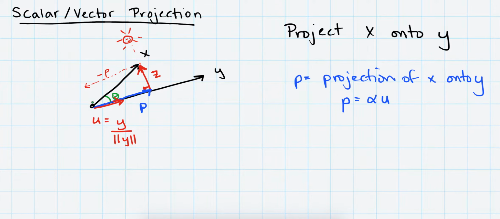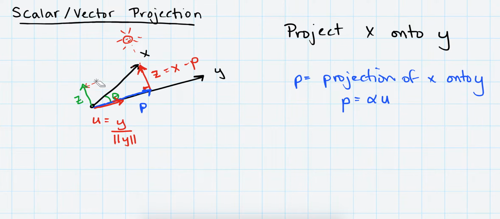We get a vector right here, which is parallel and has the same length as z. And remember that you can move vectors in any direction, and it's still the same vector, as long as it has the same length in the same direction. So this vector is z. So z is the same thing as going along x, and then going backwards p.